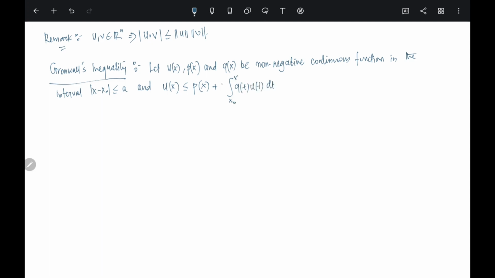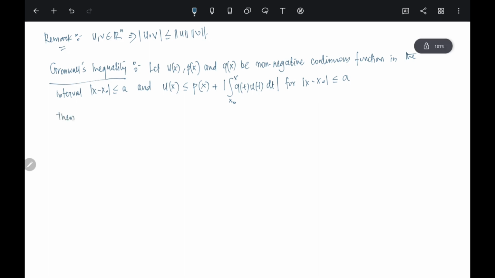Clear? So you have to have a modulus here for |x minus x naught| less than or equal to a. So for any x between x naught minus a and x naught plus a, let us assume that u(x) satisfies this. So u(x) is always dominated by p(x) plus the integral of q(t) u(t) from x naught to x.